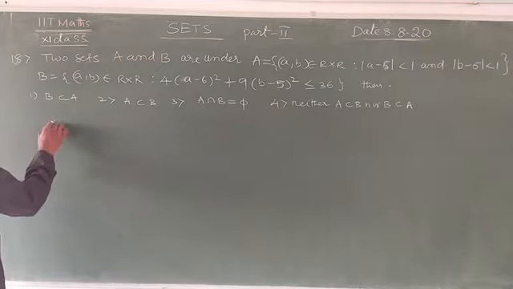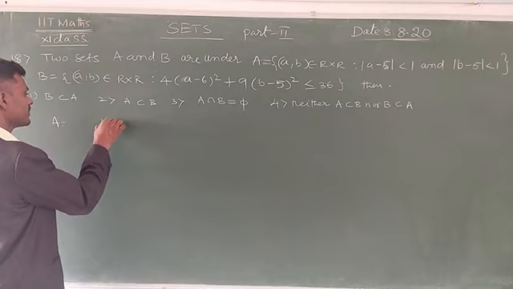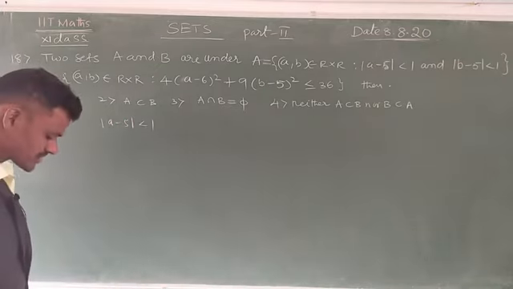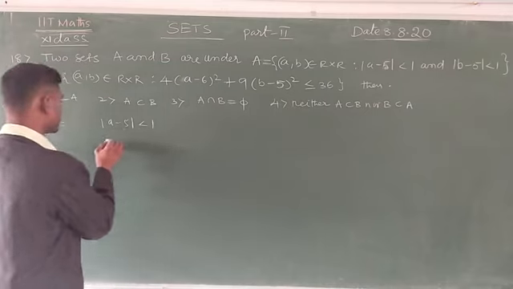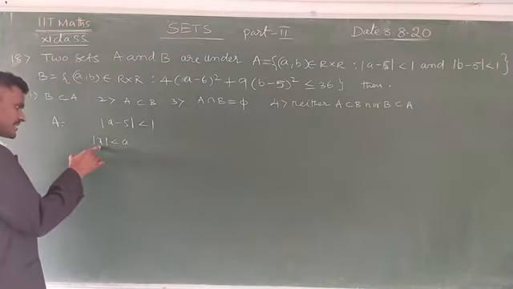Now first one is A. Here the first condition is modulus of a minus 5 is less than 1 as given. Using the property of the modulus function, modulus of x is less than a means x lies between minus a and a.